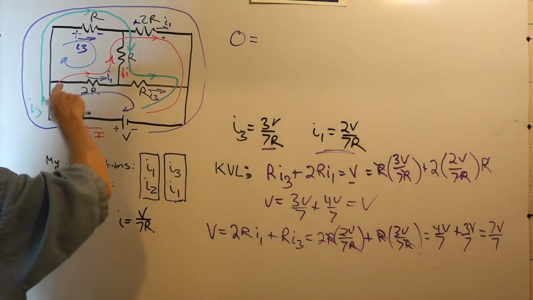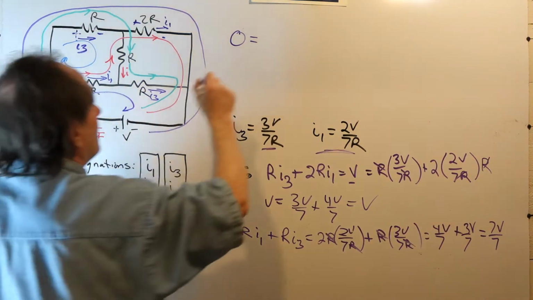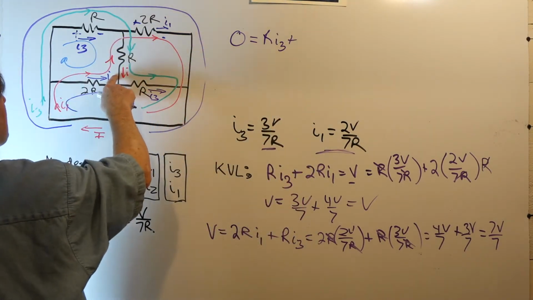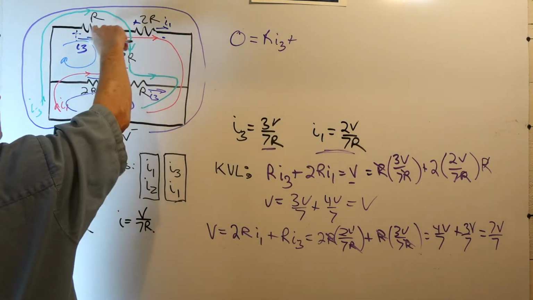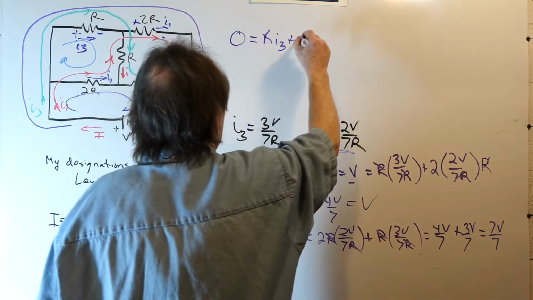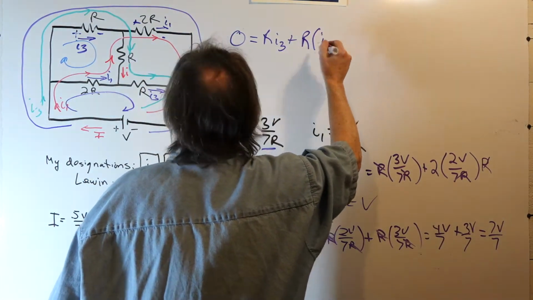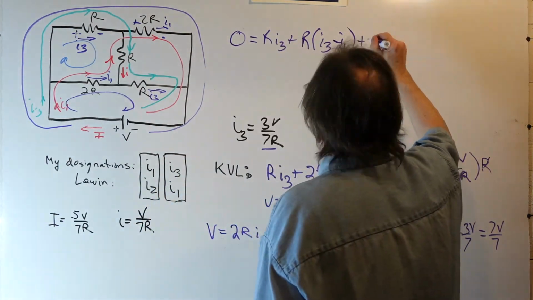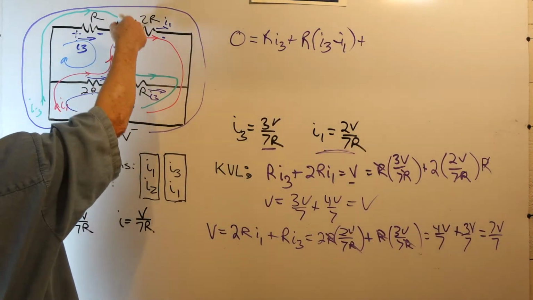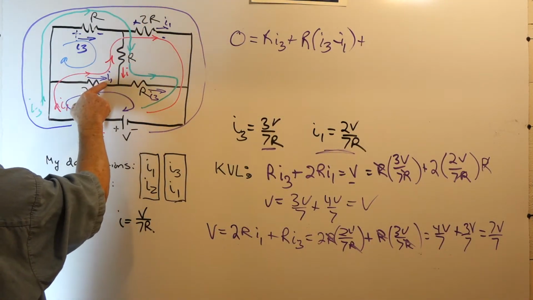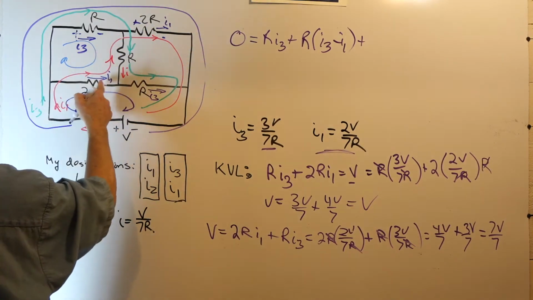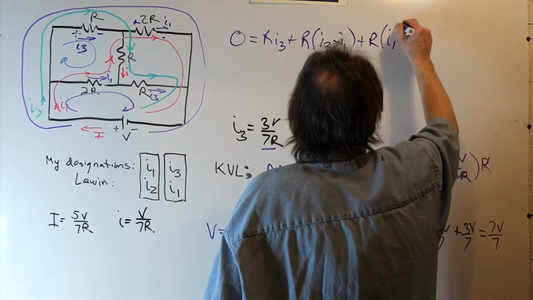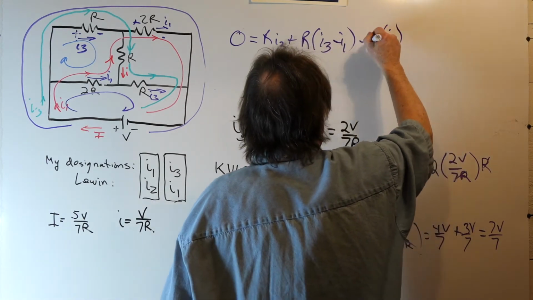So 0 is equal to, well, we have I3 flowing through R, so R I3 plus the voltage drop across here. We're going in this direction, so that's in a positive I3 direction. So we have R times I3 and a minus I1 in the bridge resistor, plus, well, going in this direction, we have only one current, which is I1, which is going against the loop, so it's a minus I1 times the resistor.